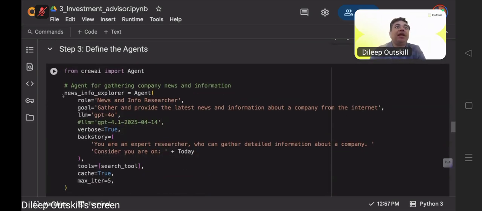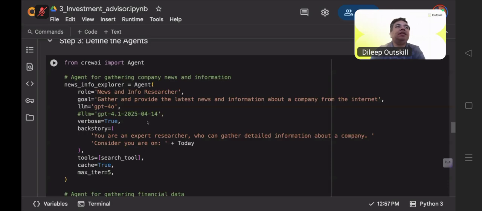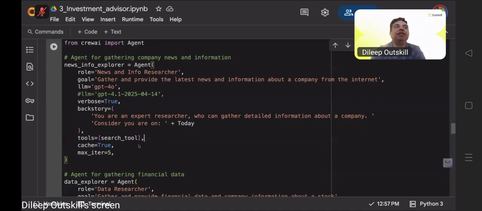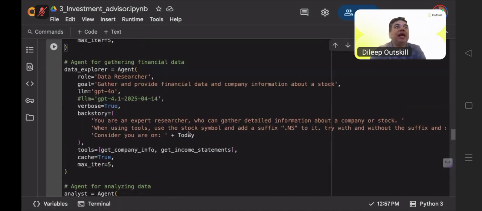Then I'm going to define my news info explorer agent, where I'm giving it the search tool to search for information on the internet. That is what this explorer will do. Then I have the data explorer agent. What this does is it will use the get company info and get income statements tools, and then it is going to gather and provide the financial data and company information about a given stock.